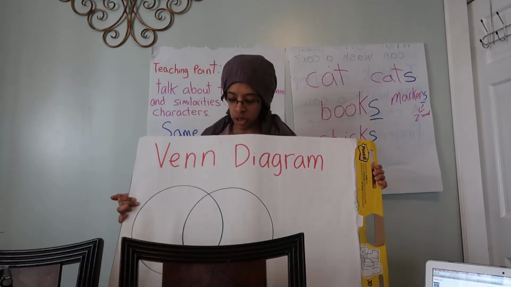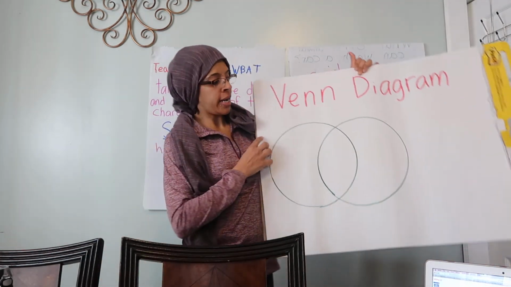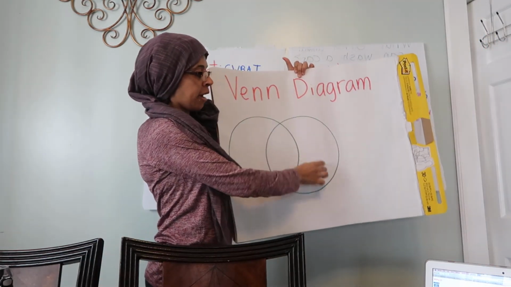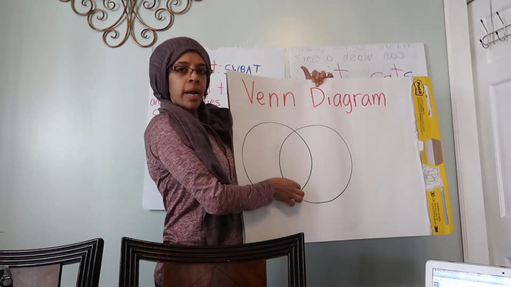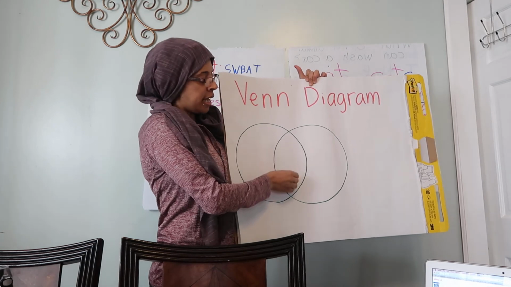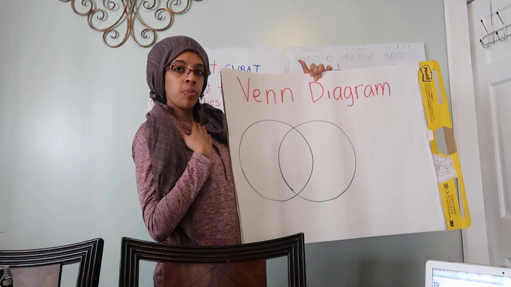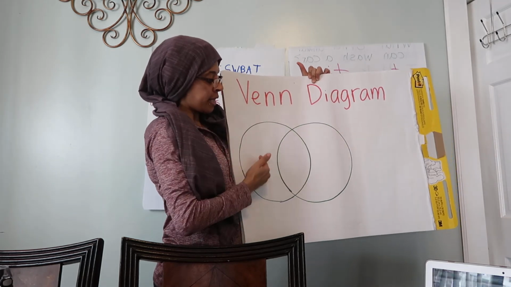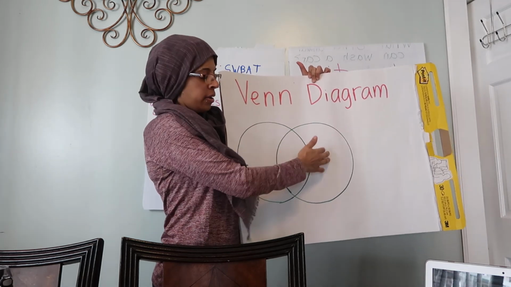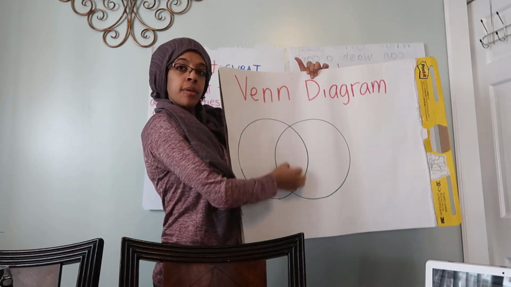And in these two circles, you write the differences on the outside, the big area, how they're different. And in the middle, you write how everything is the same. So for us, tomorrow, we're going to talk about Zots and Abby. We're going to write the differences in here and the similarities right in the middle.